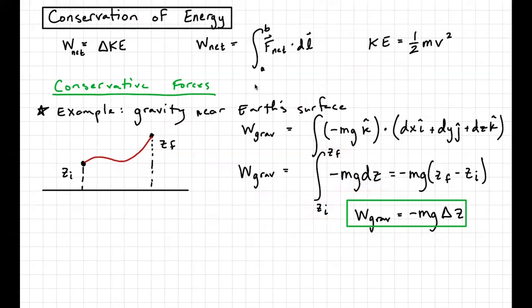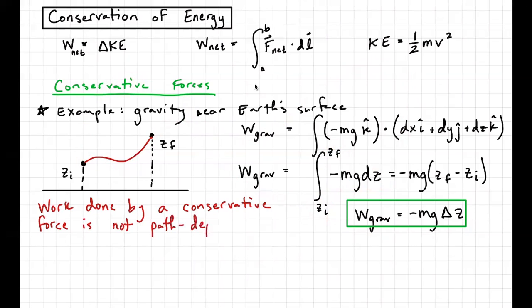Work done by a conservative force does not depend on the path, or I could say is not path dependent. That won't be true for every force, and we'll see an example shortly.